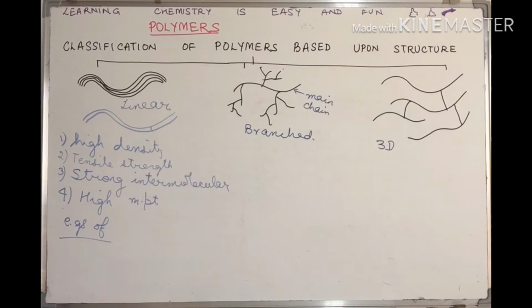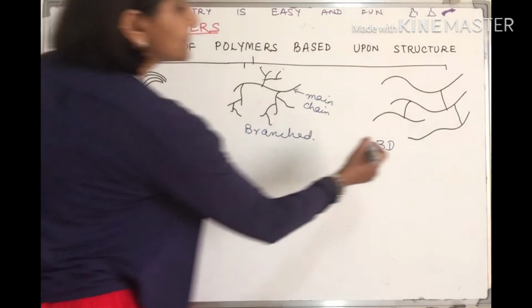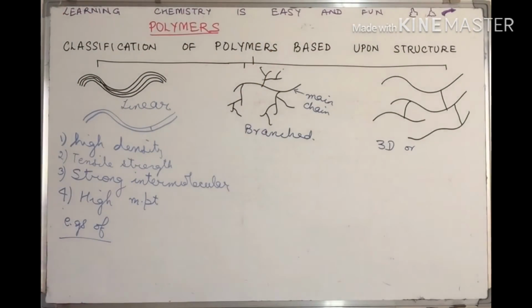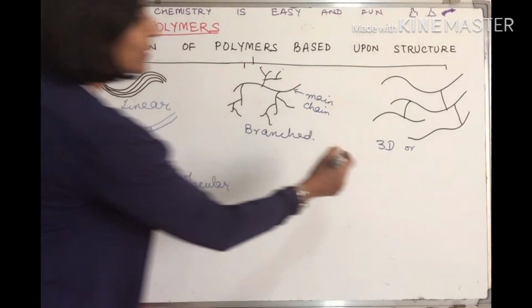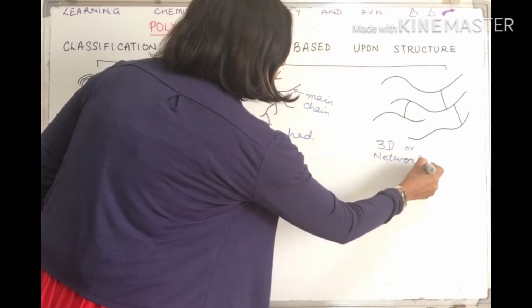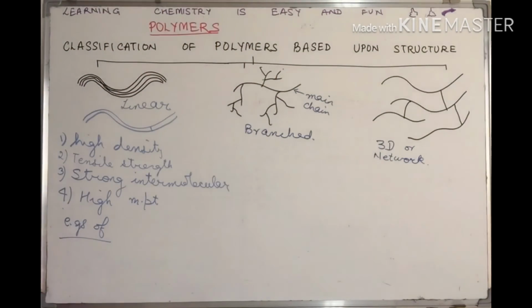So what is the third category of polymers based upon structure? They are called 3D polymers, or what else can you call them? They are network polymers. They are networking with each other in all directions, correct?